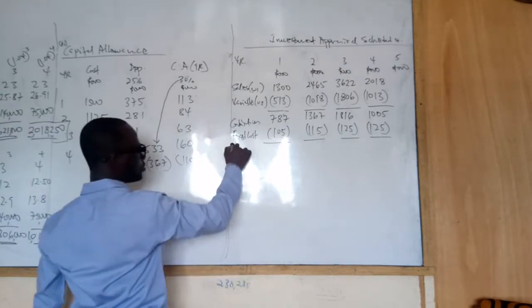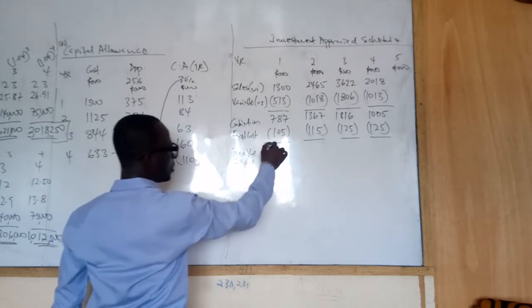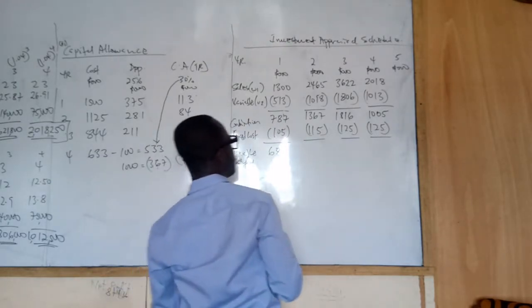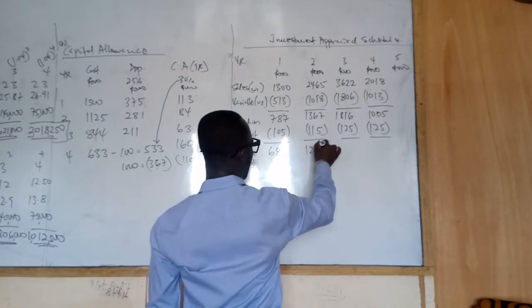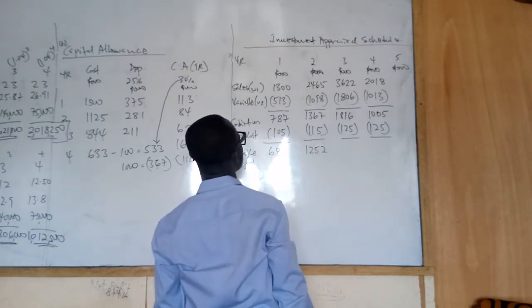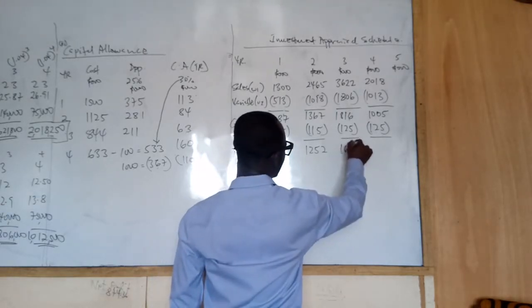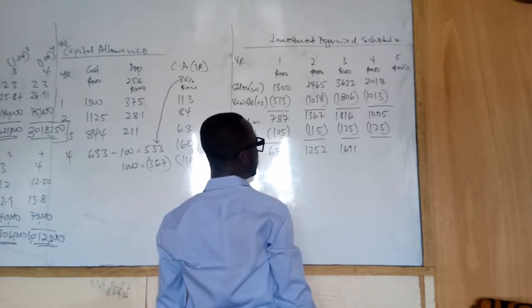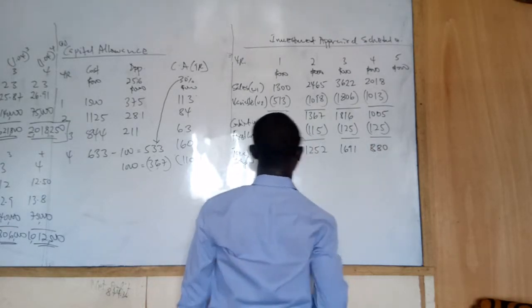Taxable cash flows. 682. 1252. 1691. 888.